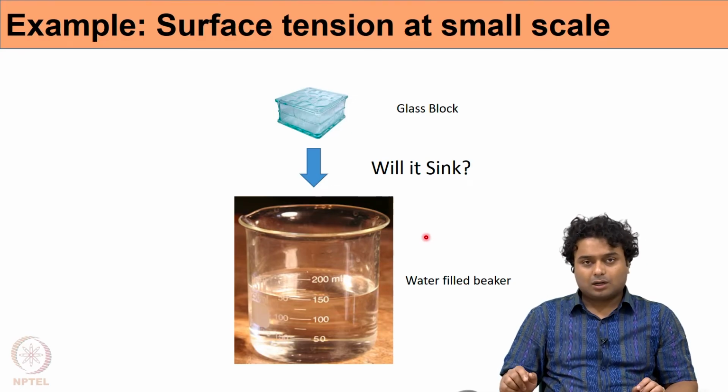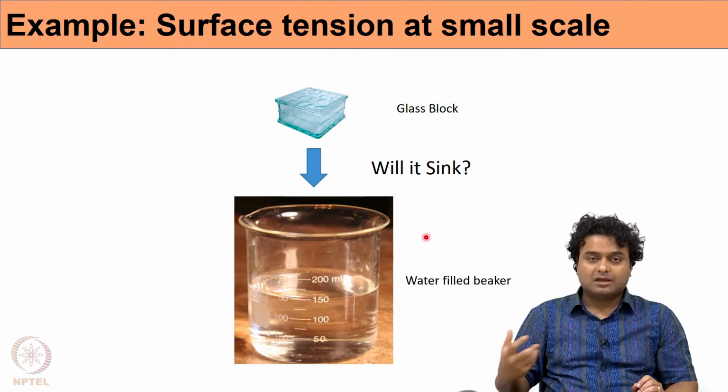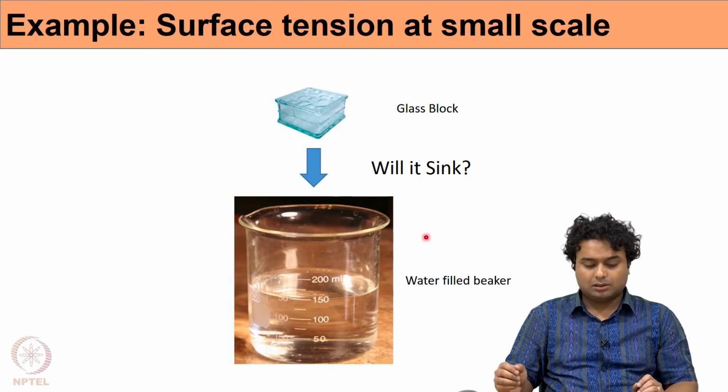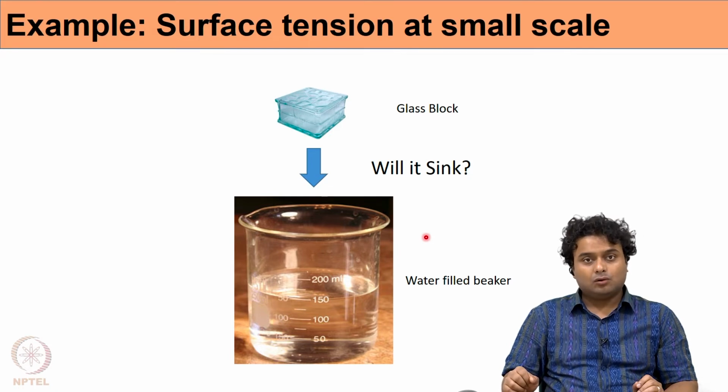For that we will work out this example where we are taking a simple glass of water and a glass block which has a very high density compared to the water. Now the question is, will the block sink or not? And to answer this question we will work it out on paper. So we have a glass beaker and inside the beaker we have water.